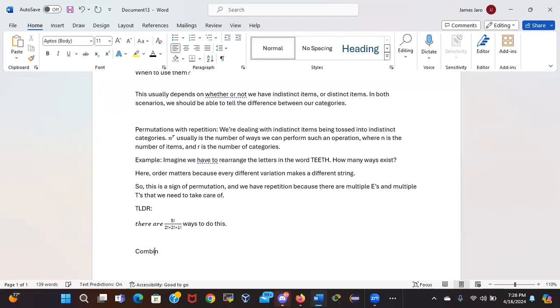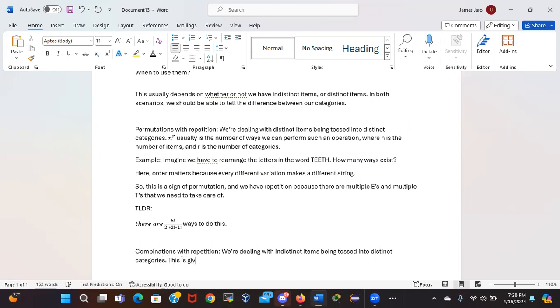Whereas combinations with repetition, obviously, that one's the other one. We're dealing with distinct, or I did this backwards. I'm messing this up. With combinations with repetition, we're dealing with indistinct items being tossed into distinct categories. There we go, now I got it.